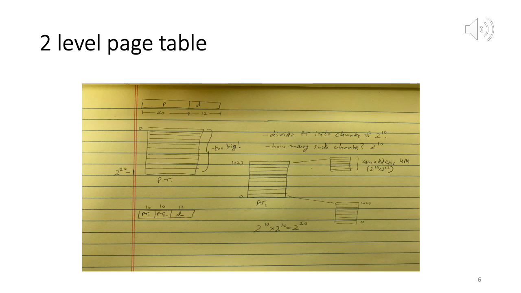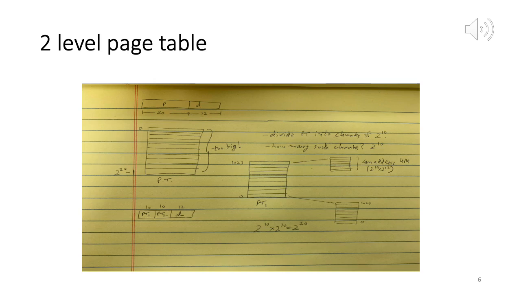So the page table will have 2 raised to 20 entries, 0 to 2 raised to 20 minus 1. And clearly what we said was the size was too big, right? 2 raised to 20 into 32 bits, 4 bytes came out to be 4 megabyte. So the size was too big to find contiguous memory.